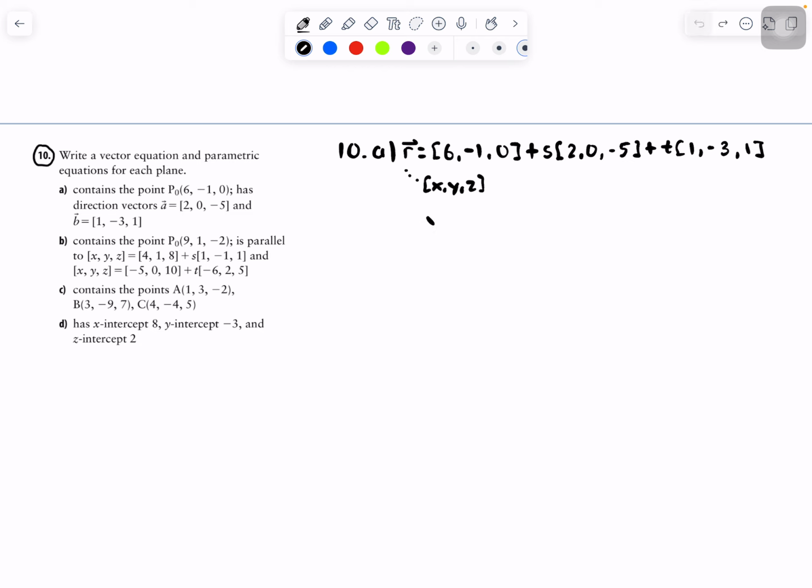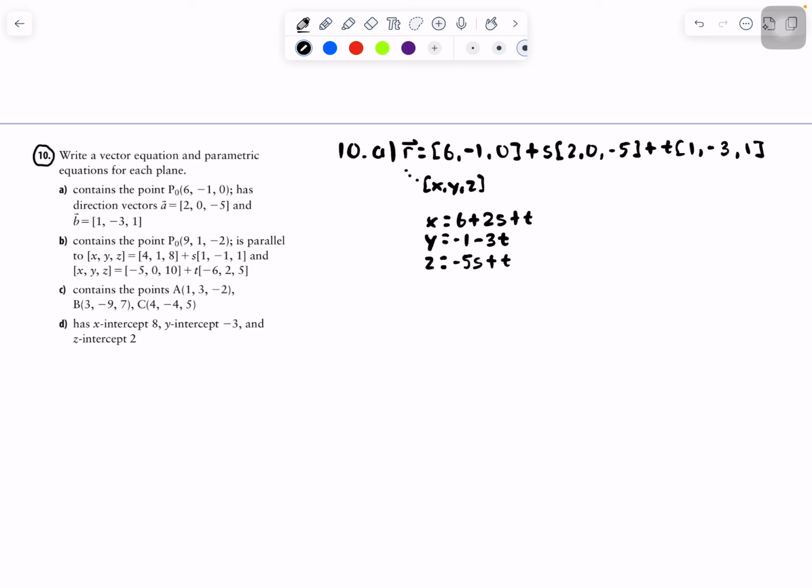So now the parametric, they quite easily follow. x, y, z. We have x equals 6 plus 2s plus t, y equals -1 plus 0s minus 3t, z equals 0 minus 5s plus t.